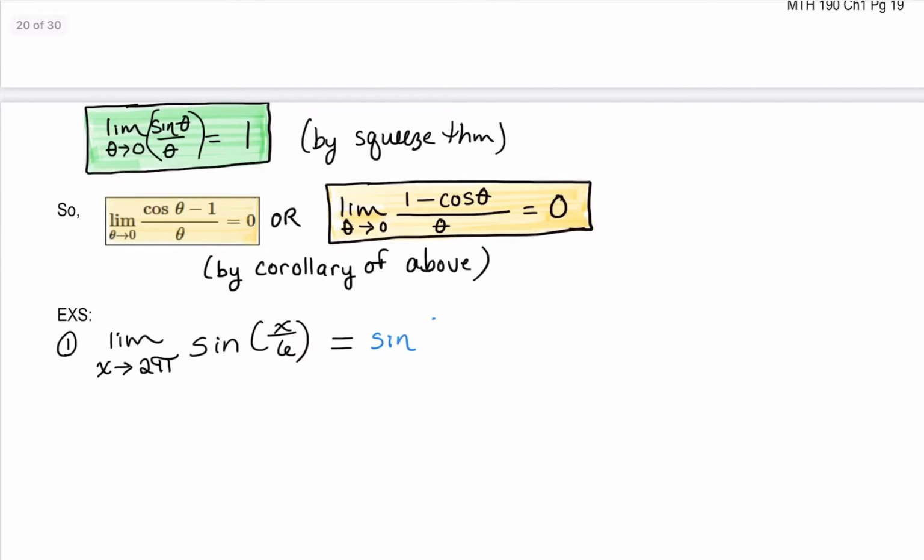We would have sine of 2 pi over 6, which reduces to sine of pi over 3, and that should be one we know from our unit circle. Think about the y coordinate at 60 degrees on the unit circle, and that is square root of 3 over 2. So we just evaluated straight away using direct substitution.